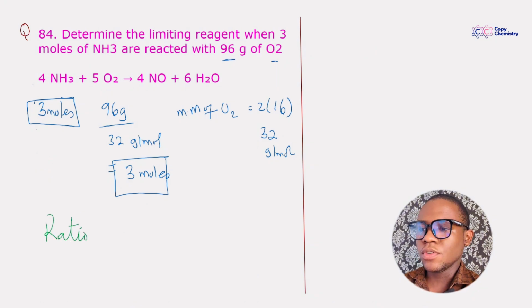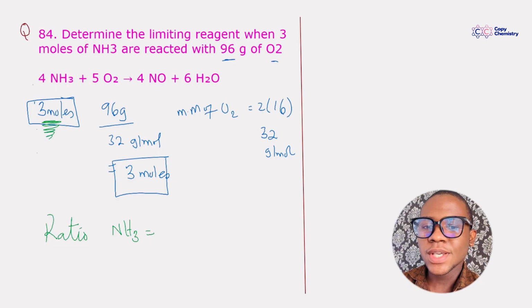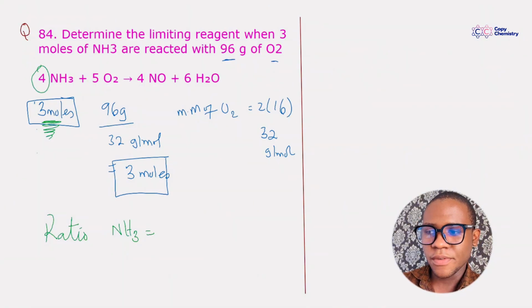So the ratio for ammonia is the number of moles of ammonia that is being introduced divided by the stoichiometric coefficient. And I mean this number here I'm circling. That's the coefficient of ammonia in the stoichiometric equation.